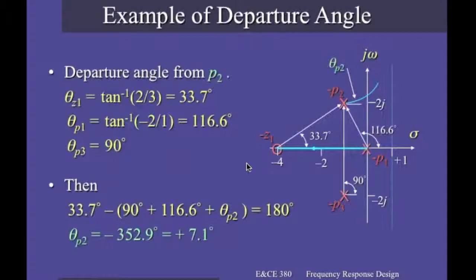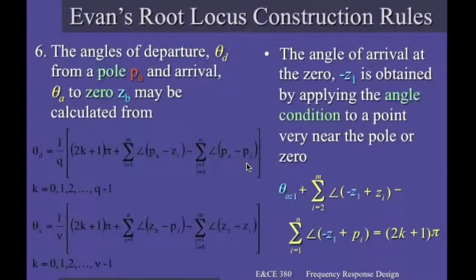So this section on the real axis is a part of the root locus according to Evans rule number 3. The formulas that give the angle, which is displayed here graphically, are derived from the angle criterion and are reported here.